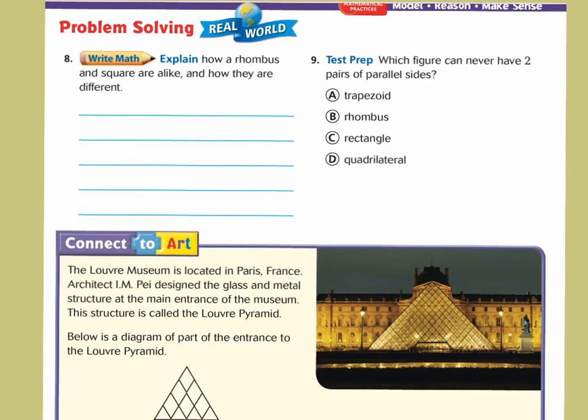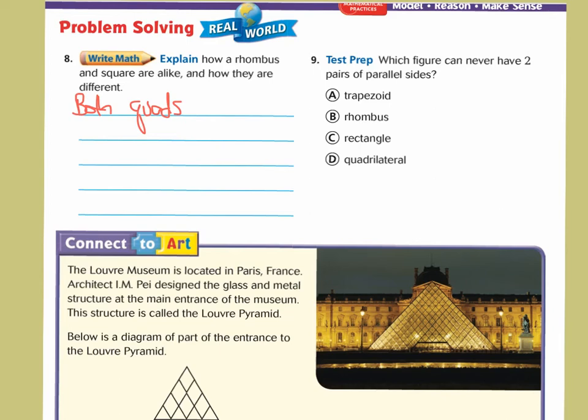So how are they alike? They are both quadrilaterals. I'm going to just put they're both quads. What else can we say about them? Okay, but think about their side lengths. Right, so let me just make this one sentence.